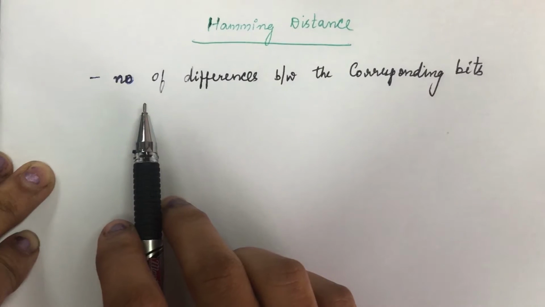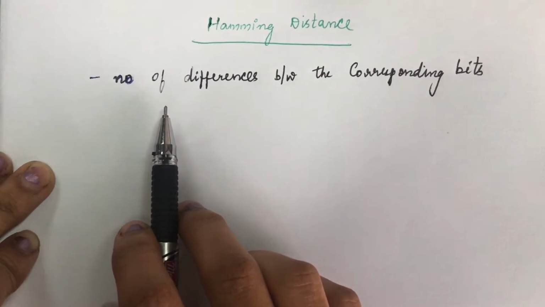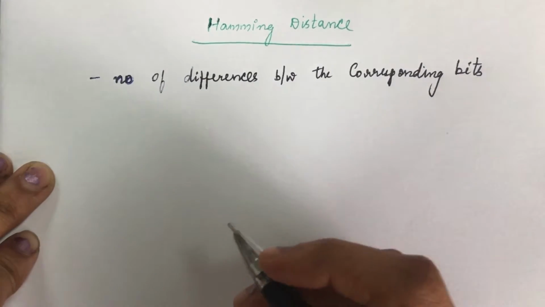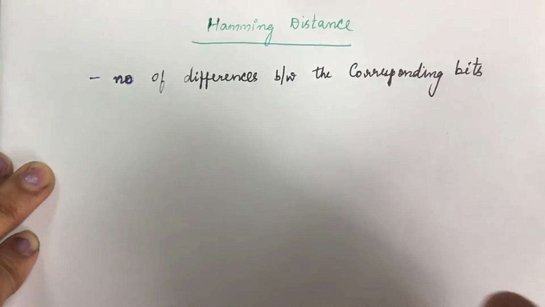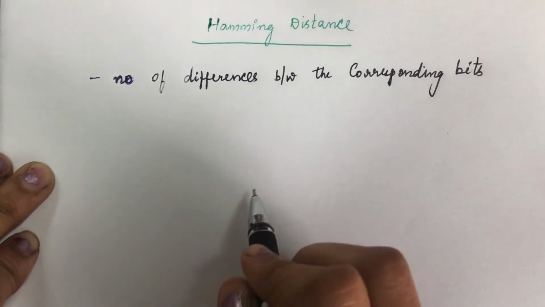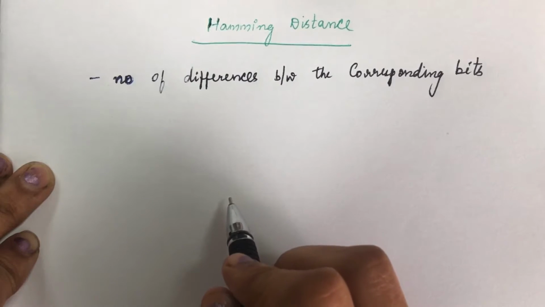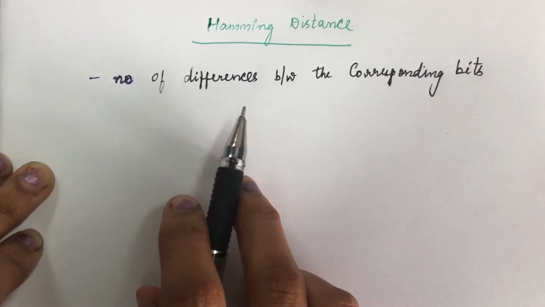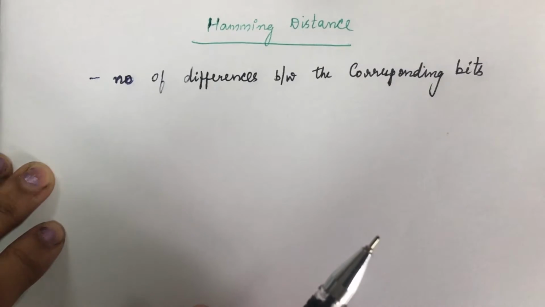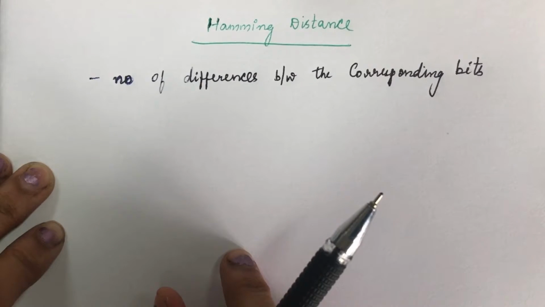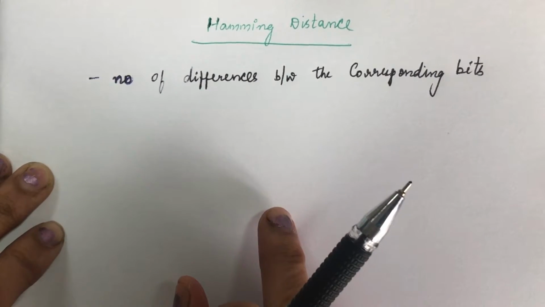Hamming distance is nothing but the number of differences between the corresponding bits. When the sender sends the code word, the receiver will receive the code word and check whether it is properly received or not. If the number of differences between the sent code word and the received code word is zero, then we can say that no corruption occurred in between.